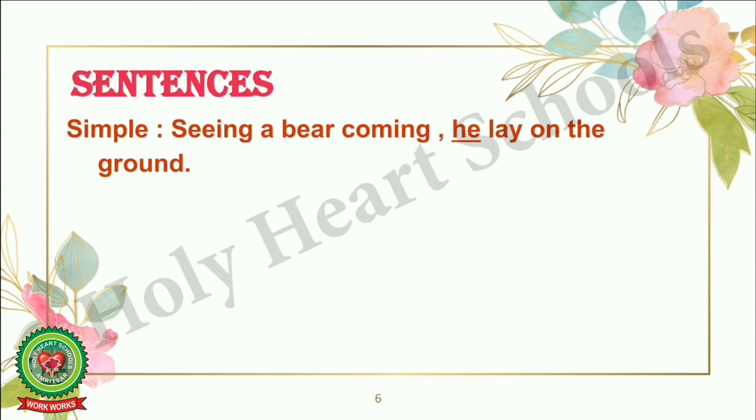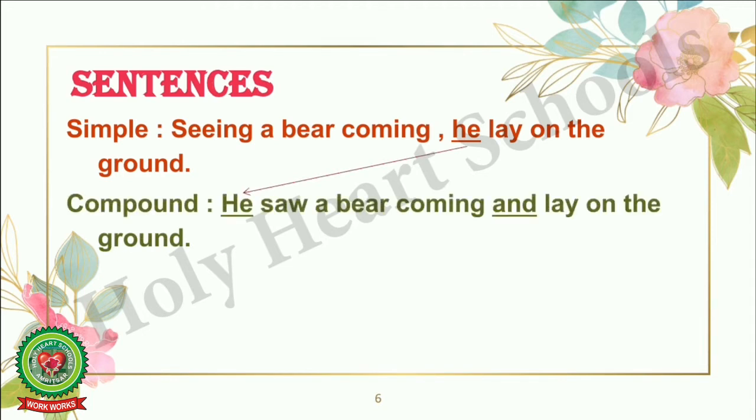Students, here you also need to keep one thing in mind, that compound sentence always begins with a subject. Now what is the subject in the sentence? That means who is performing the action of seeing? He. Yes, the subject is he. So our answer will be: he saw a bear coming and lay on the ground.